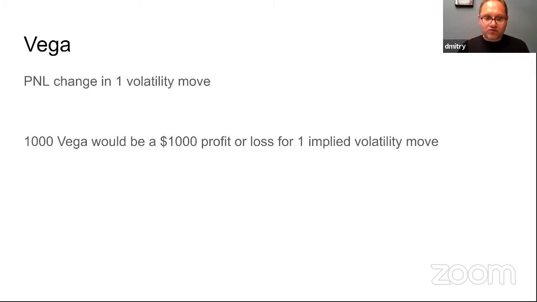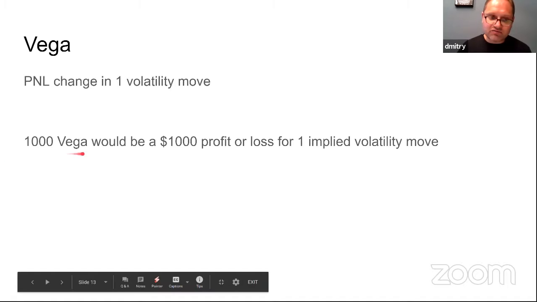So if you have a positive 1,000 Vega, and options increase by 1 implied volatility, the premium is expected to rise and your profit would be $1,000. That's your exposure. If implied volatility moves down by 1, then you're expected to lose $1,000 with 1,000 Vega. That's a positive 1,000 Vega. That's what your risk is, right?